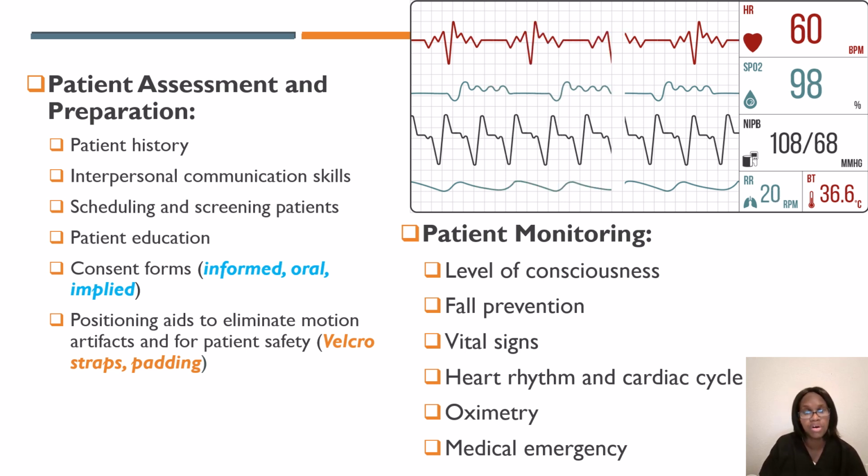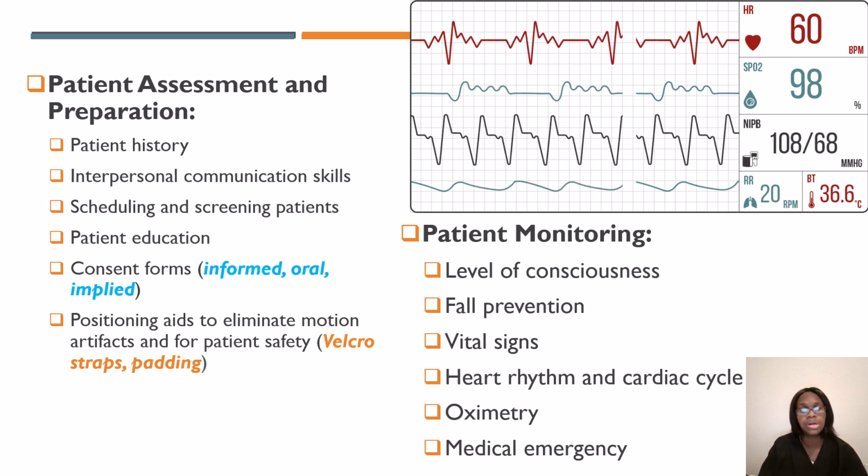So you have informed, oral, and implied consent. Know these terms. Know the difference between each one. What is informed consent? What is oral consent? What does it mean when someone is signing an implied consent? Then you have your positioning aids. Oh, the word that I was looking for when it came to consent forms was timeout.